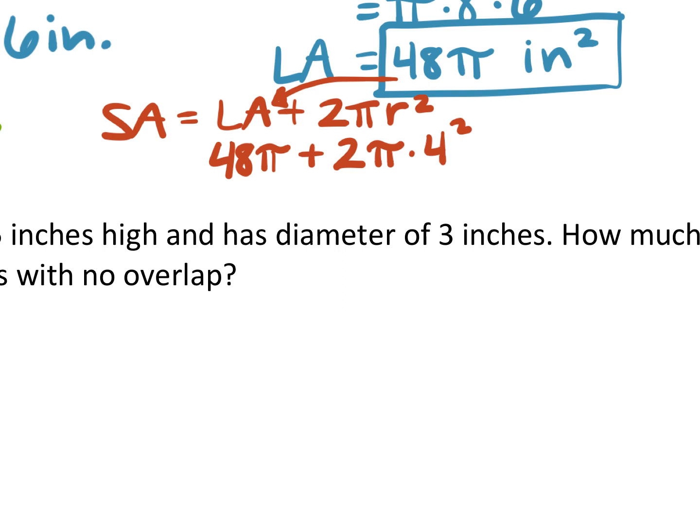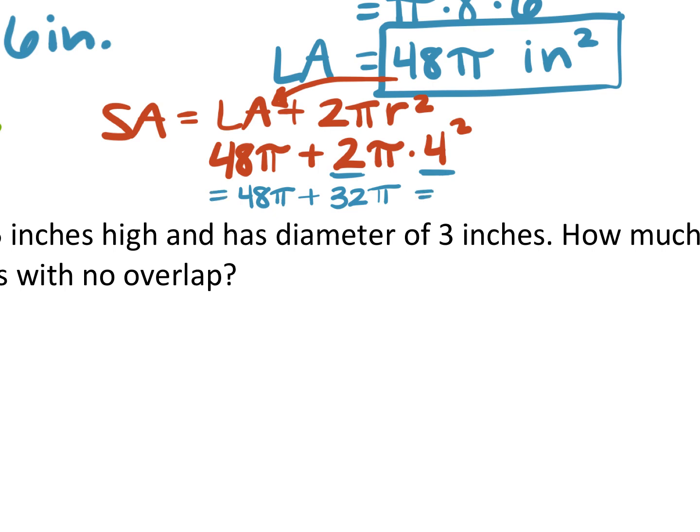Don't do anything with your pies. Treat your pies like an x for now. Treat it like your variable. It's a number, but we're gonna treat it like a variable until we simplify things a little bit. You need to multiply these two. So this is 16 times 2. So that would be 32 times pi. And we have 48 times pi.